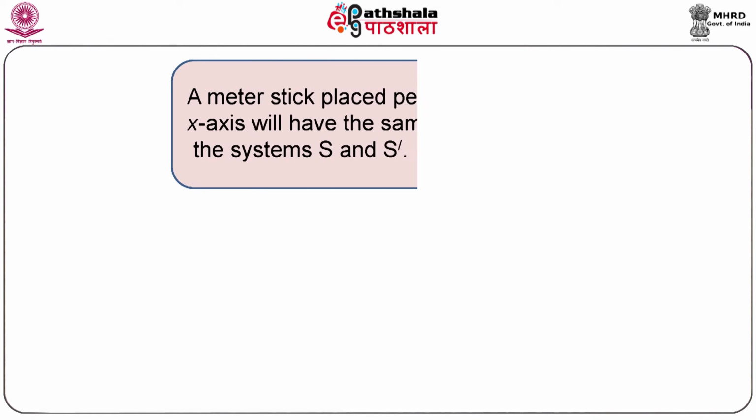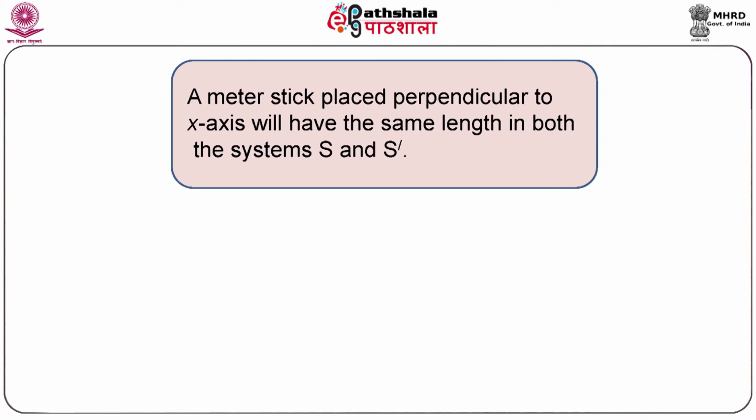On the other hand, if we keep the rod perpendicular to x axis, that is either in y direction or in z direction, then we will find that the length of the rod will be the same in both the frames.